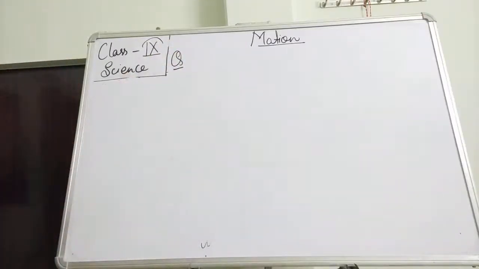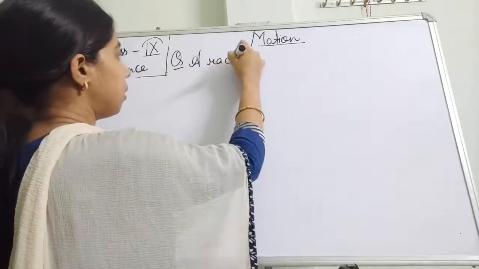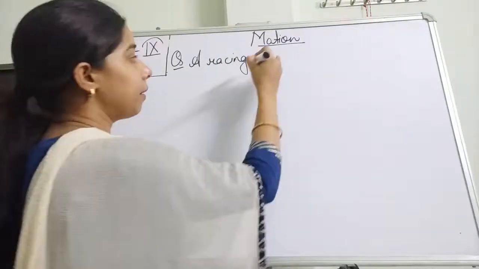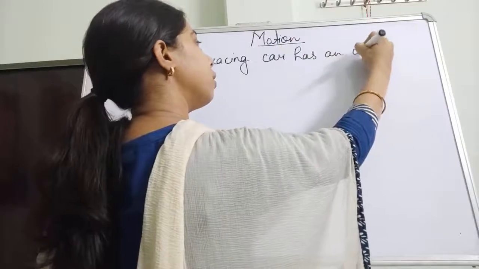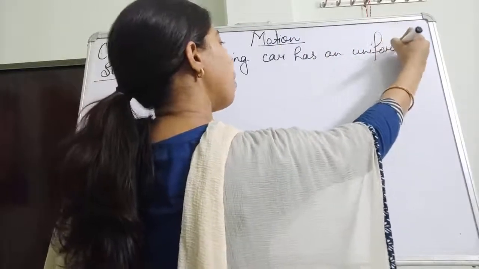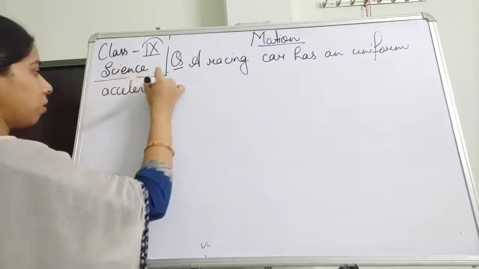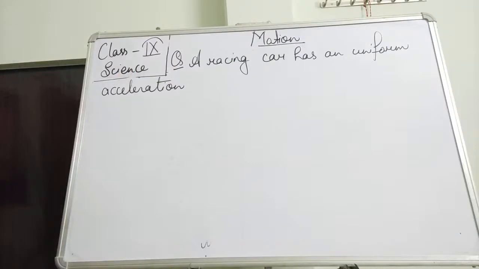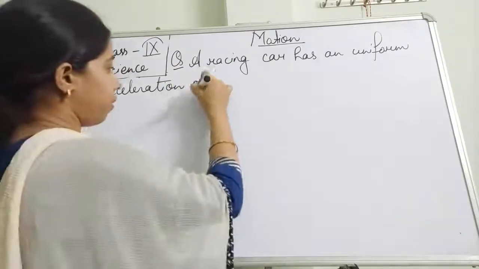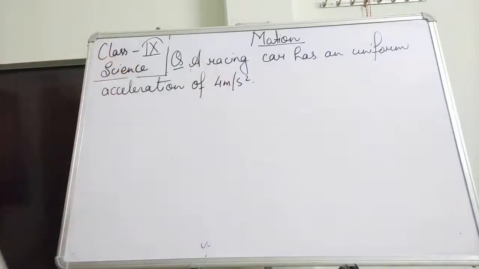So the next question is: a racing car has a uniform acceleration of 4 meter per second square.